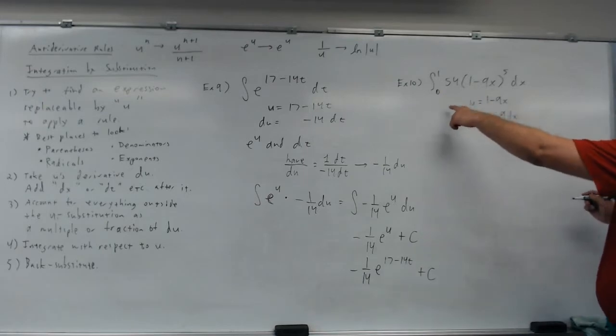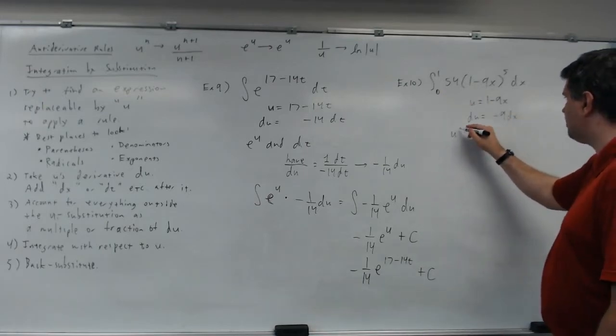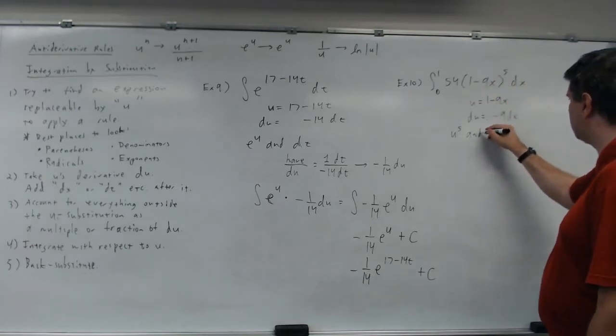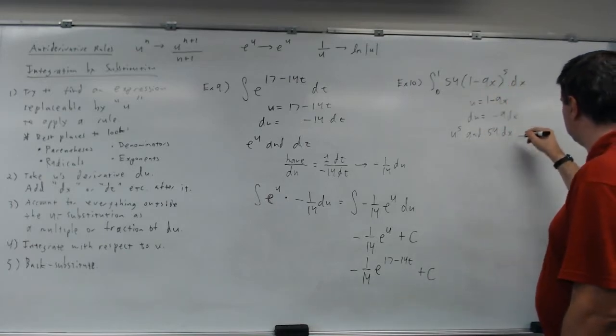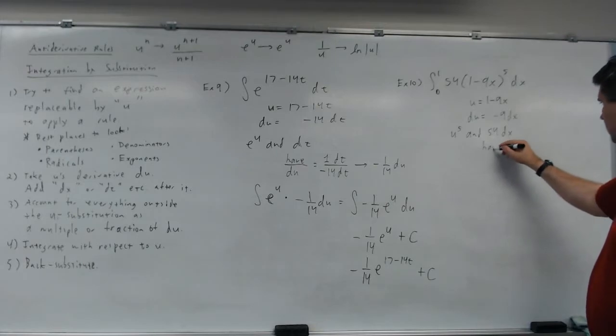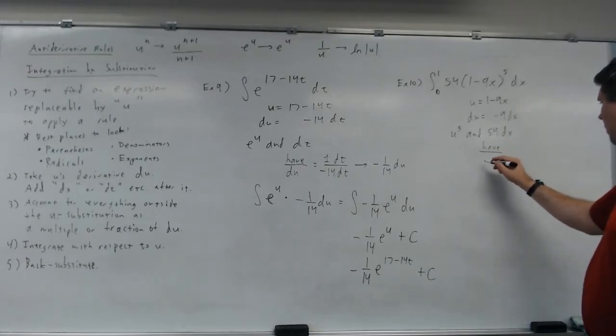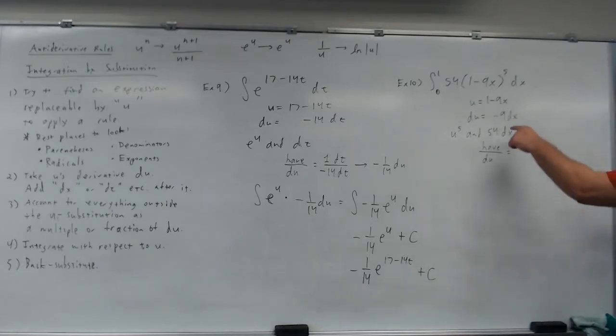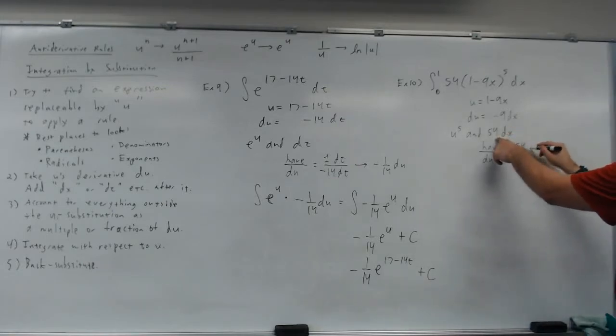But what I have is u to the 5th and 54 dx. Okay? So have over du would give me, I have 54 dx.